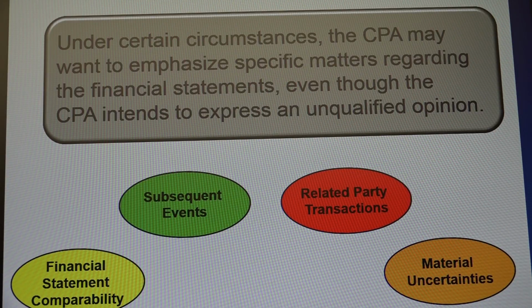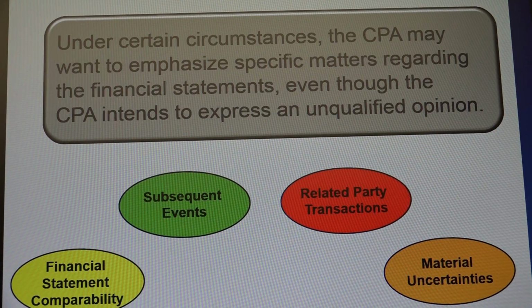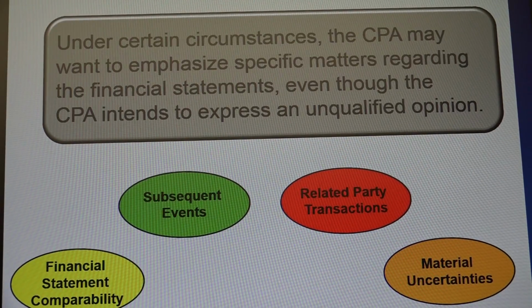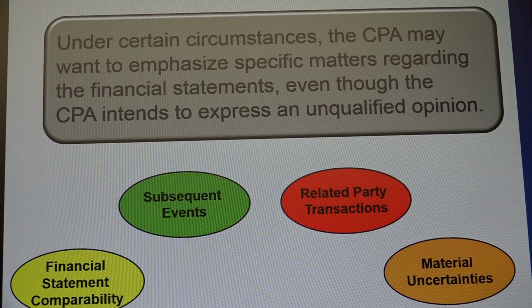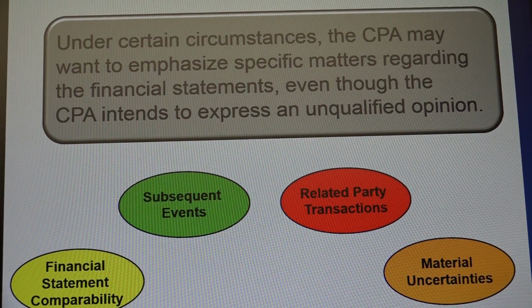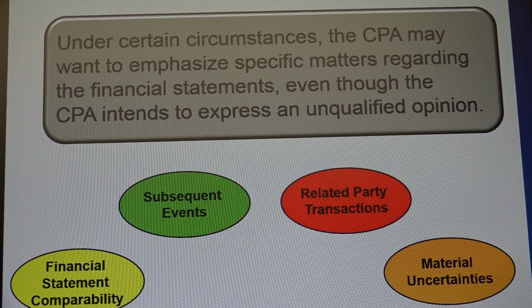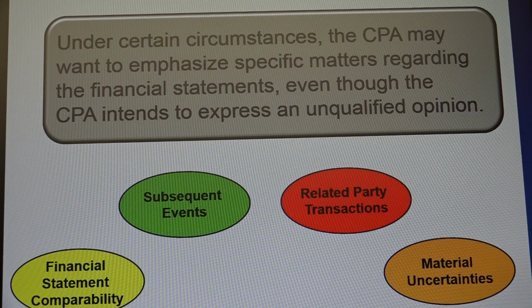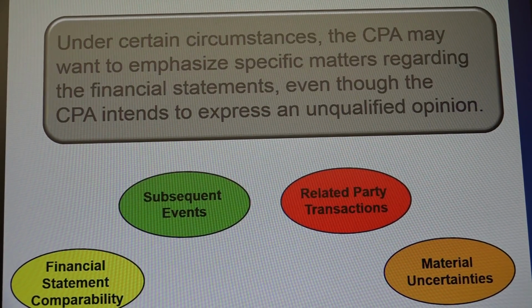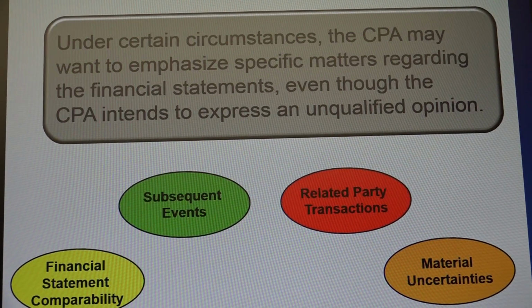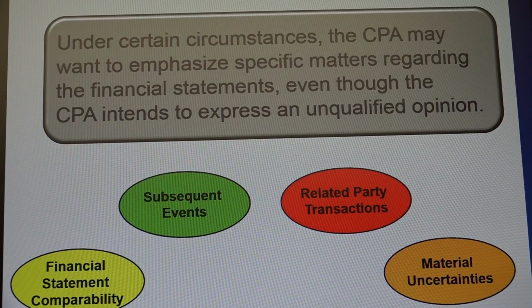And then last one they have here, there might be some reason why the financial statements are not comparable. A change in accounting principles from one period to another might cause the financial statements not to be comparable.